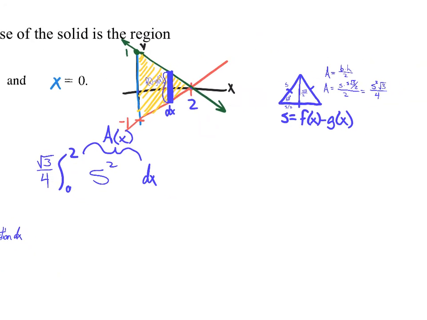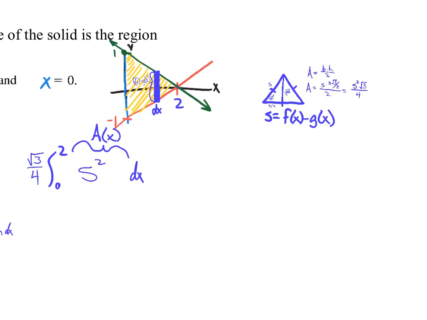And since we know that s is f of x minus g of x, check out what we've got: root 3 over 4 times the integral from 0 to 2 of f of x minus g of x, squared. Remember before, you had to make sure you squared first, then subtracted?